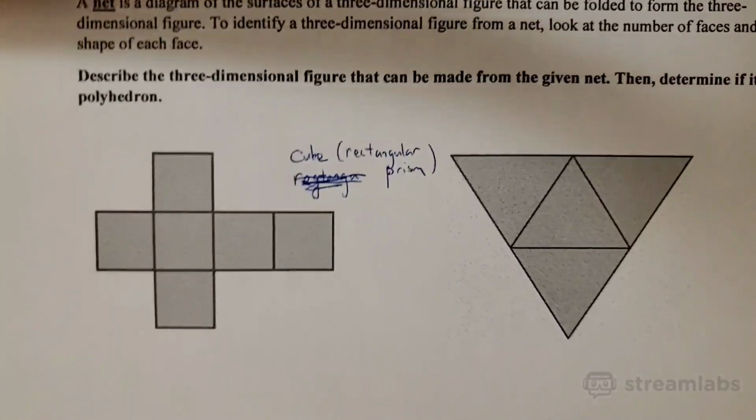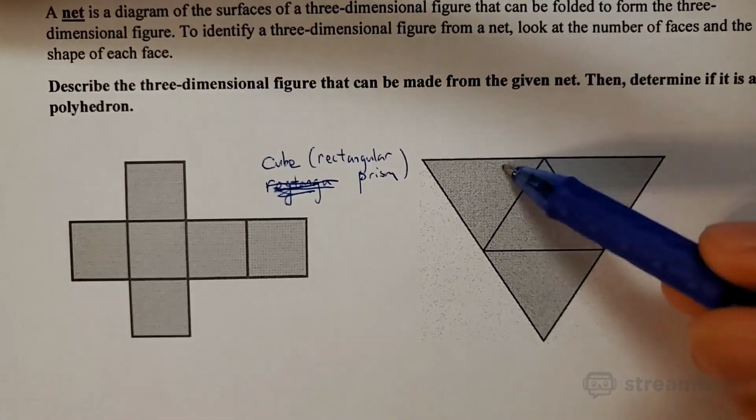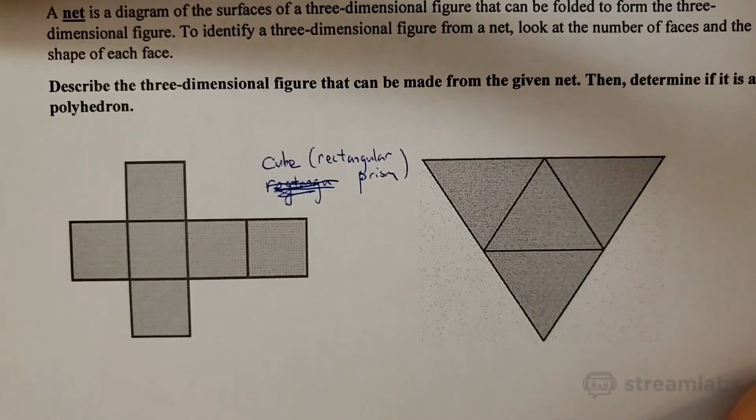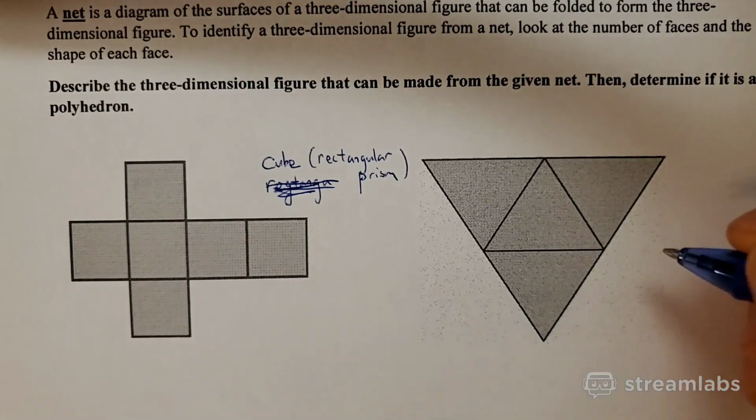What about this one? Is this a polyhedron? Does this work? You add these 2 upsides, and then this should be what? What kind of figure is this? Okay, what is it called?